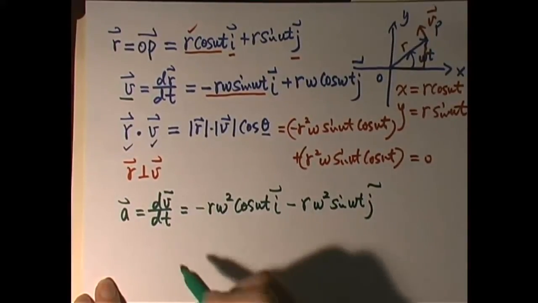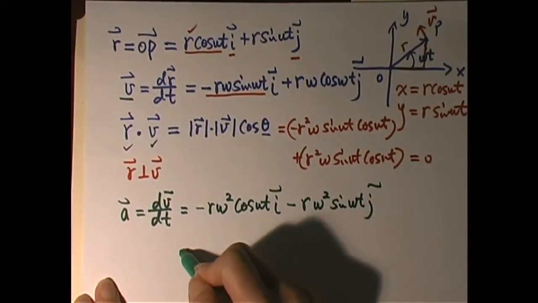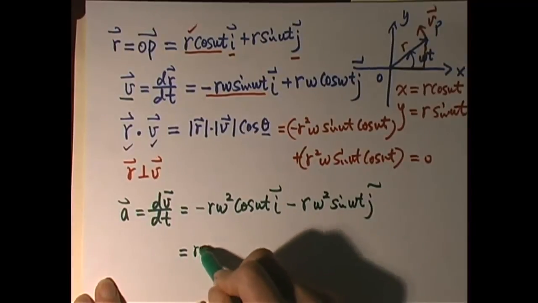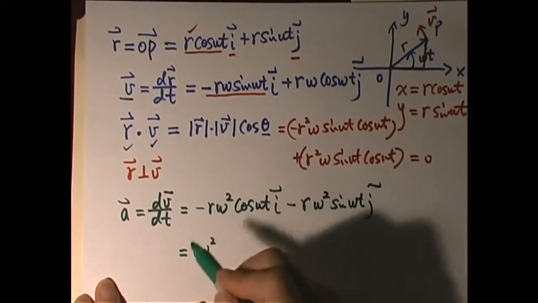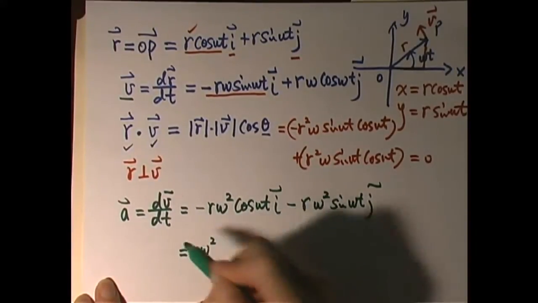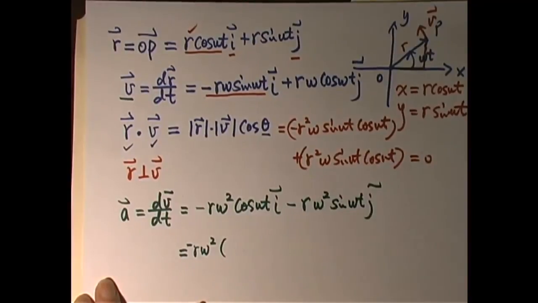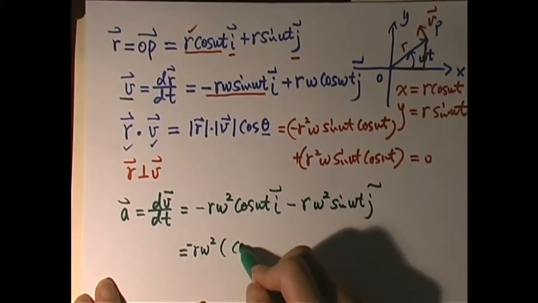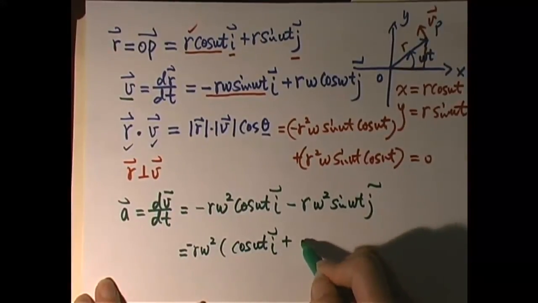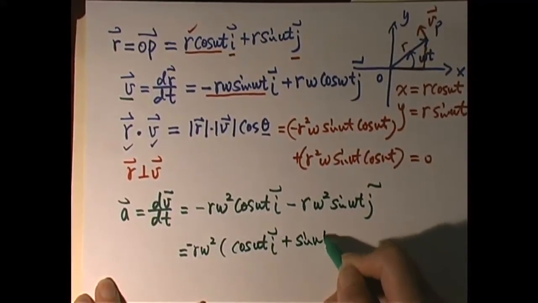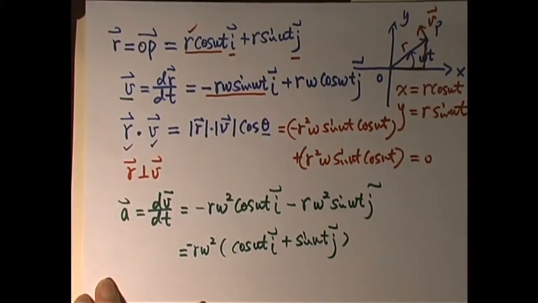Now, what I would like to do is pull this r omega squared out, and pull this negative out. So what's left will be cosine omega t i plus sine omega t j.